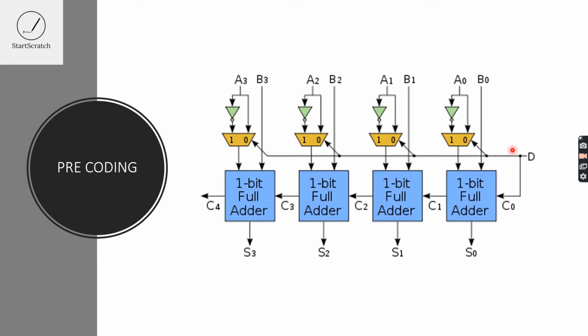And here, coming to the functionality of ripple carry adder, it can act as both ripple adder and a ripple subtractor depending on the input D. Here, if D equal to 0, then it will act as adder.